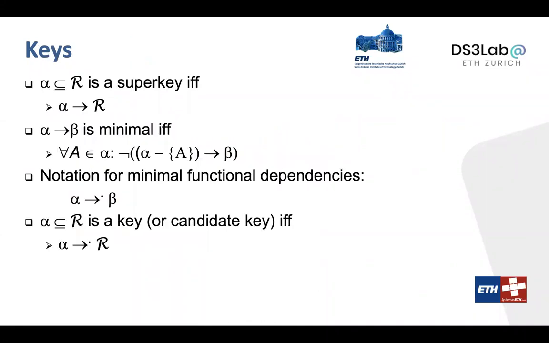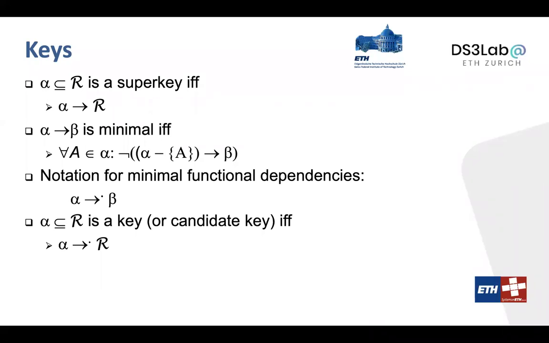Given that, you can formally define what we mean by a subset of attributes being a key. We first define the notion of super key, which is a superset of a key. If alpha is a super key, there is a functional dependency from alpha, that subset of attributes, to all the other attributes in the relation.